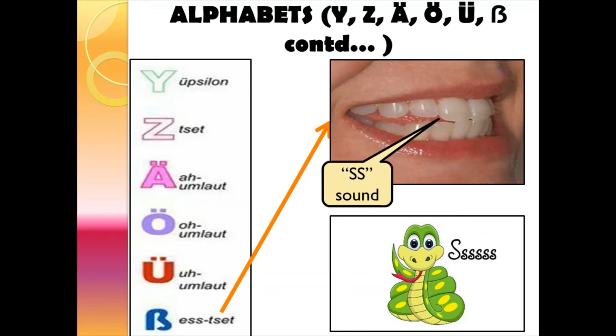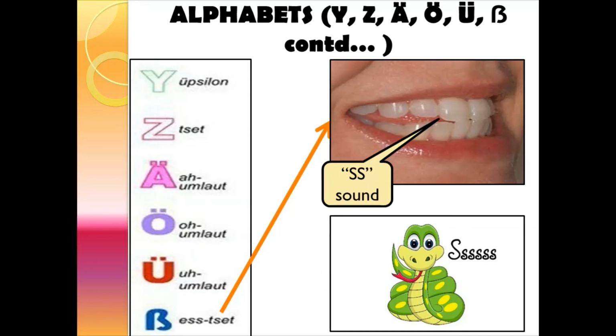However, when producing the sound of this German alphabet, you will put your teeth together and bring the tongue forward just so that it touches the inside of your mouth, and you will try to let out sound. So a double S sound.